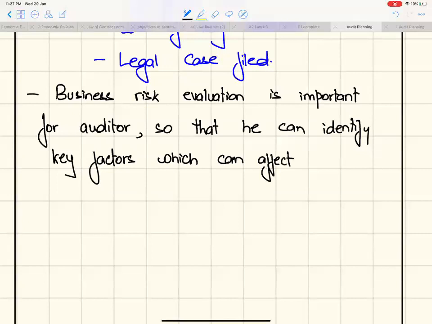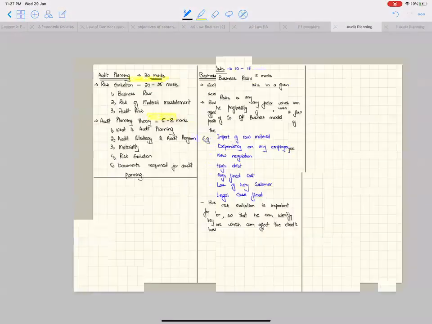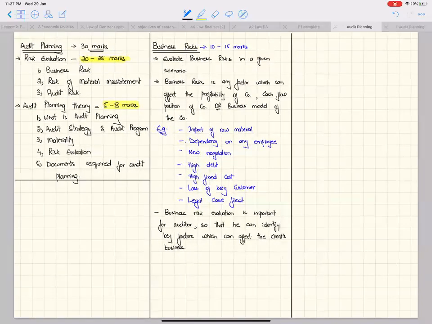For example, you are an auditor. You need to know business risk because it will be helpful during going concern evaluation. It will be helpful while doing an impairment review, that you know the business risk of that client. Like you need to know what the factors are which can affect the business of that entity, because if those factors materialize, it may lead to an impairment review.